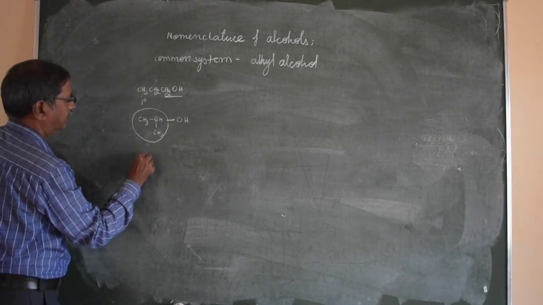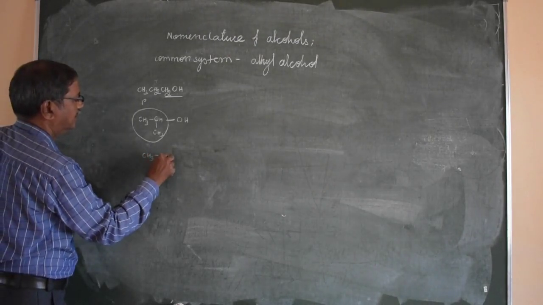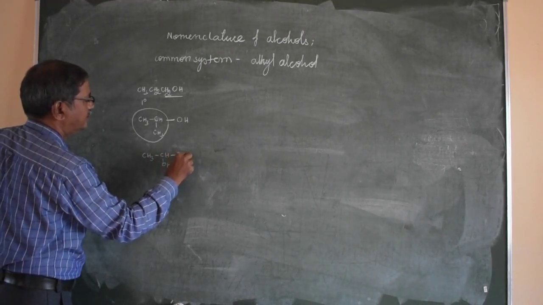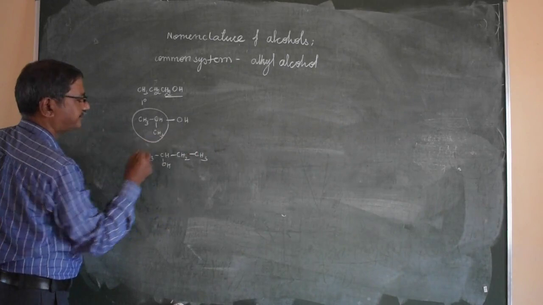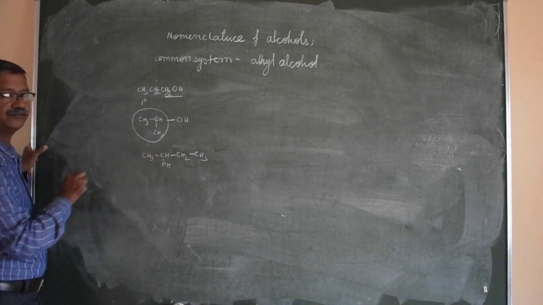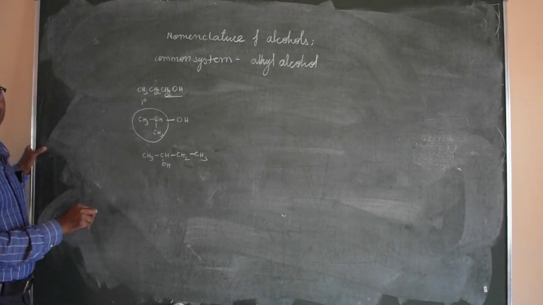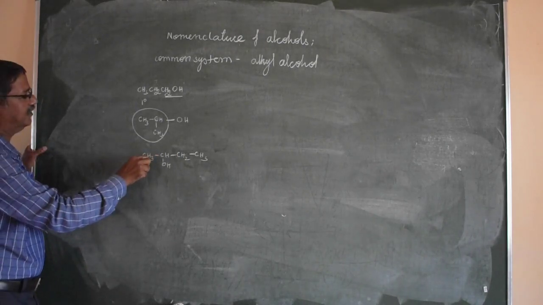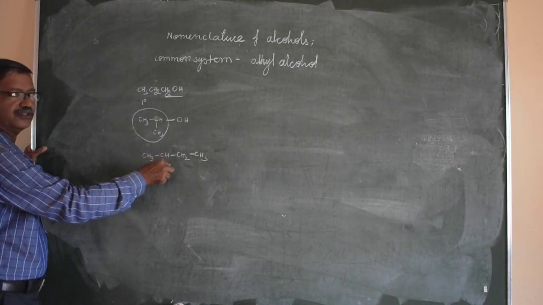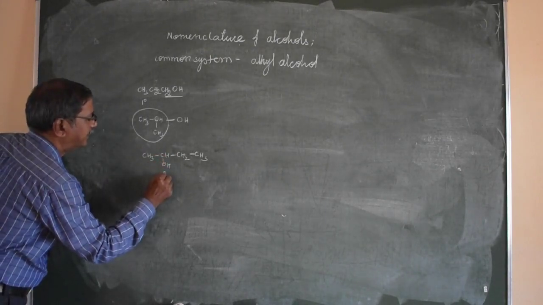In secondary, CH3CHOHCH2CH3, here the CH is not attached to two CH3. Identification is very important. When CH is not attached to two CH3, but is attached to OH or some other group, then it is called secondary.